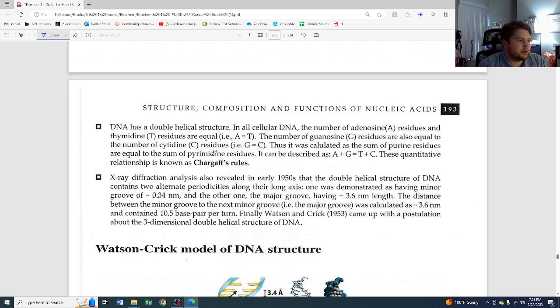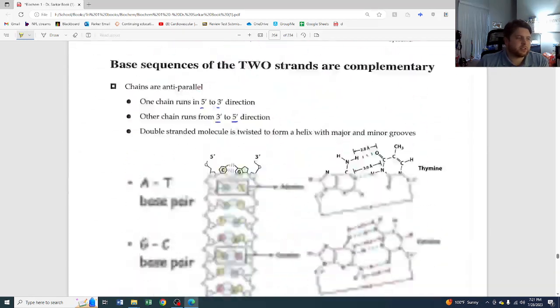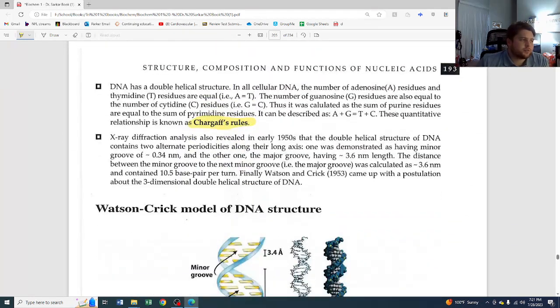It can be described as A plus G equals T plus C. These quantitative relationships are known as Chargaff's rules. So earlier, exactly what I was explaining up here about the percentages, those are Chargaff's rules.